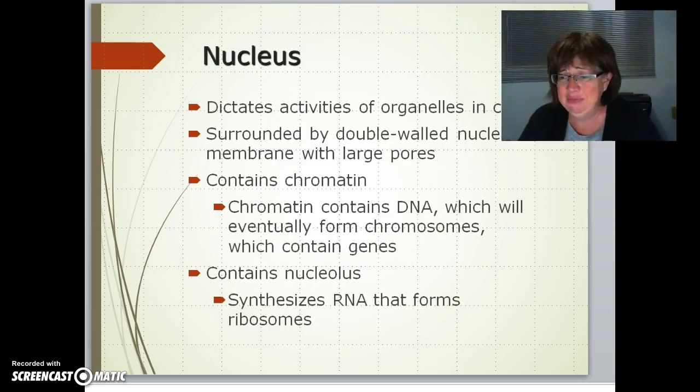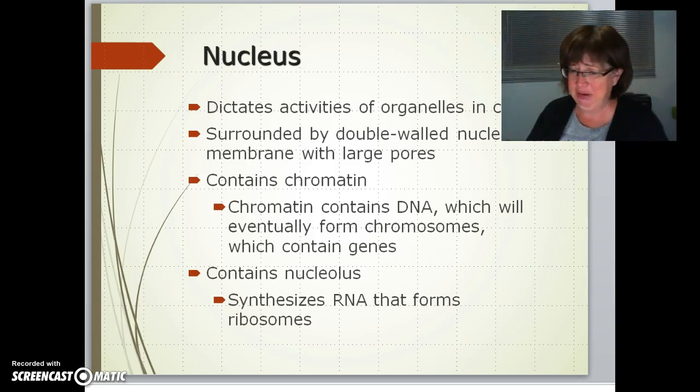Then we have the nucleus, and we talked about the nucleus. The nucleus dictates the energy or the activity of the organelles. It is double-walled. It has pores, which allow things in and out. It contains chromatin, which is another word for DNA or chromosomes.